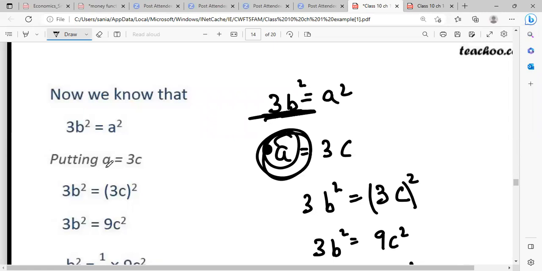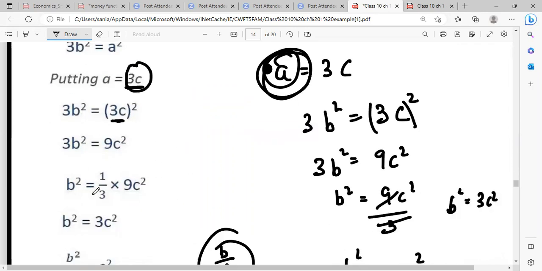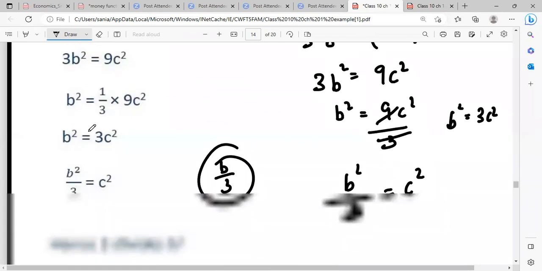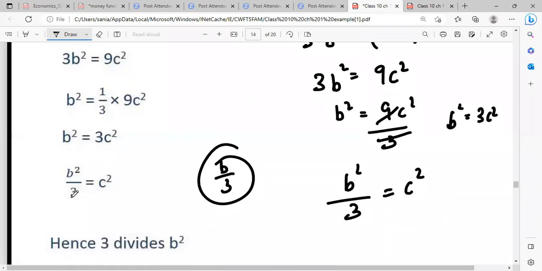Now putting a equals 3c in this equation, I just wrote 3c squared and 3b square like this. Putting the value from here, you get b square equals 3c square. Now this 3 will come here. From this also you get to know that 3 is dividing b square, so it will automatically divide b as well. Clear?